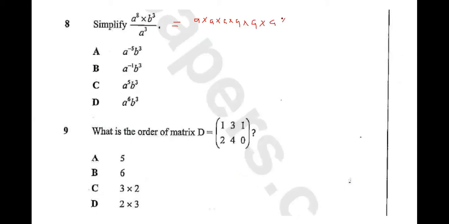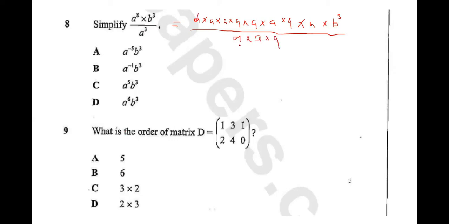That's what it means. Then b to the power 3, leave it the way it is because it is the only one. Then this one should be over a times a, 3 times.